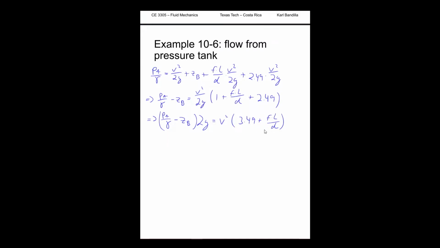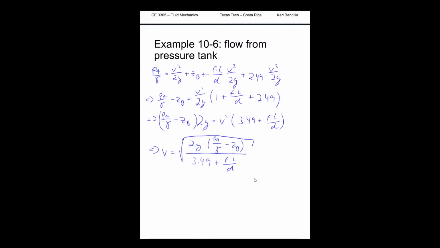which means we can now divide that all and then straight up take the square root. So we can say V is equal to the square root of 2g times PA over gamma minus ZB, divided by our term right here, 3.49 plus f times L over D. All right, so now we have a term for V that only depends on f, right?